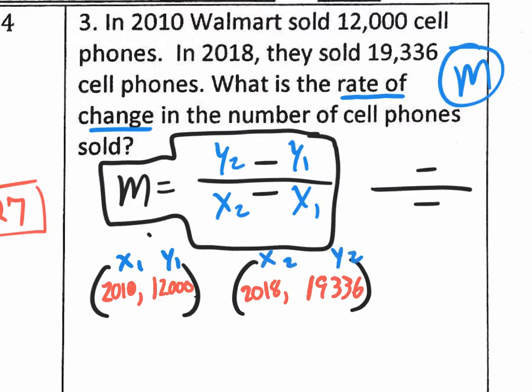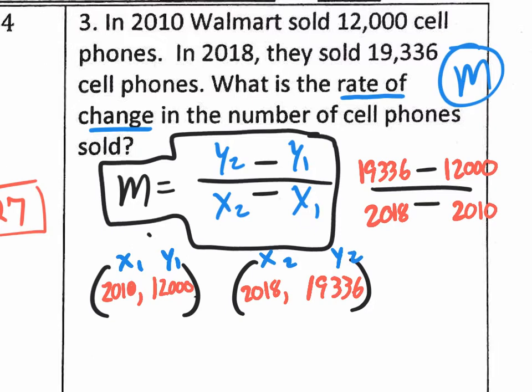And now we could freely plug in these values. Y2 is 19,336. Y1 is 12,000. X2 is 2018. And X1 is 2010. Okay, so let's actually do this math with the calculator.